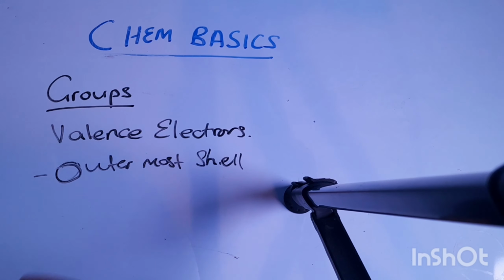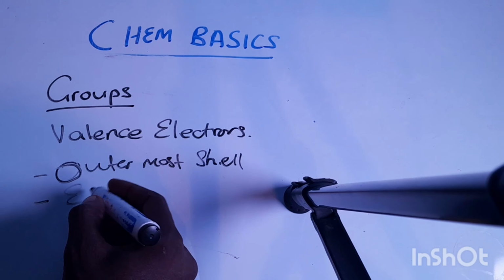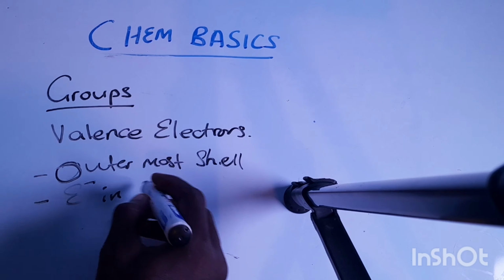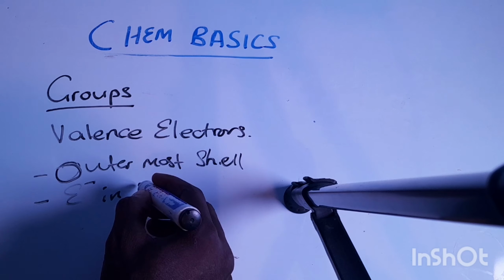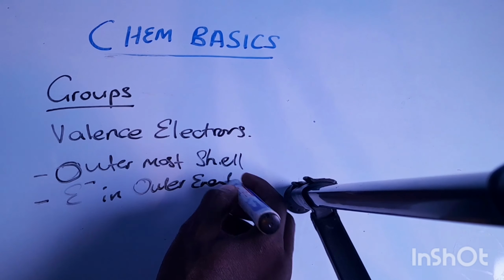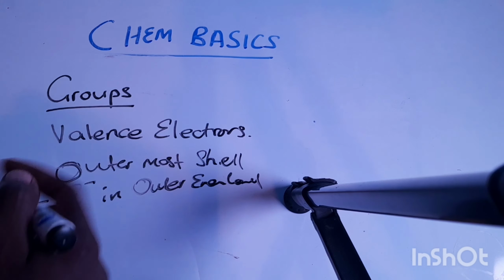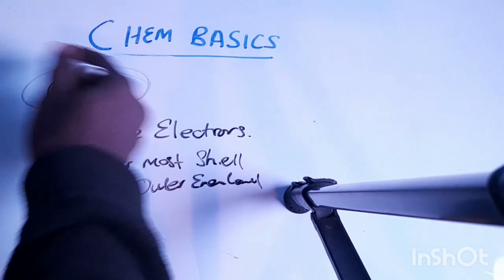By outermost, we mean the energy level that I talked about. So these are the electrons at the outermost energy level, and we are given that by groups.